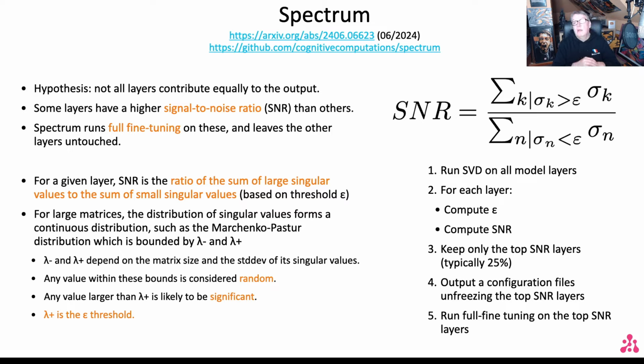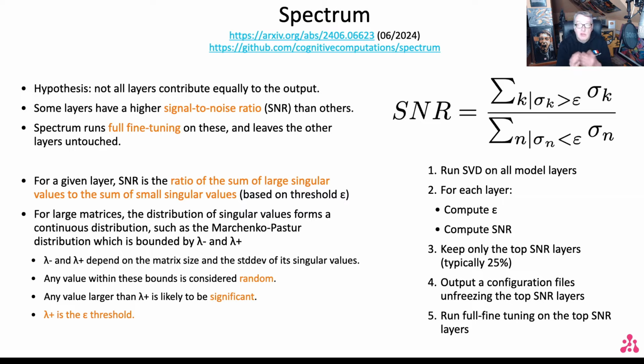So now, the signal to noise ratio is very simple to compute for a given layer. We split the singular values between the ones that are lower than the threshold, and we sum them and put them in the denominator, and the ones that are higher than the threshold, and we sum them and put them in the numerator, and we compute the ratio.